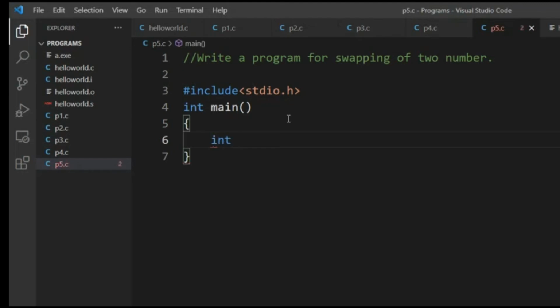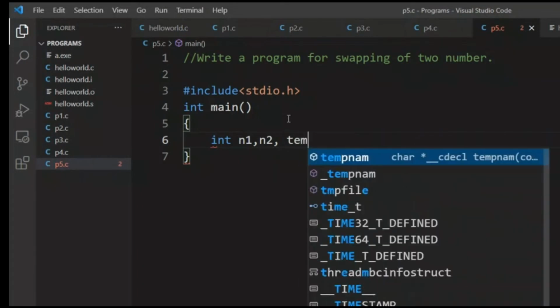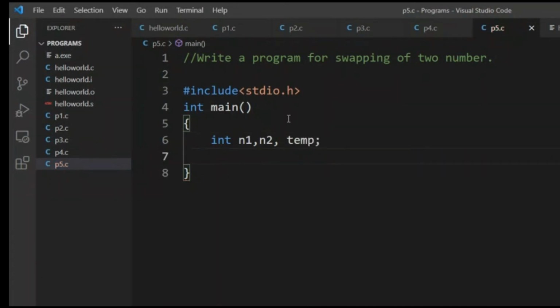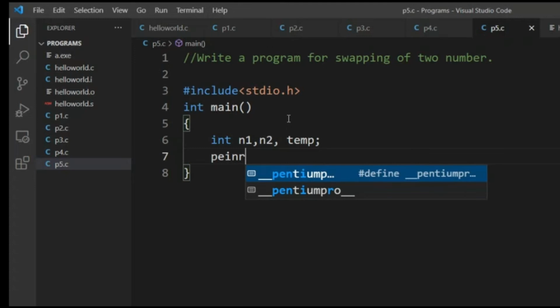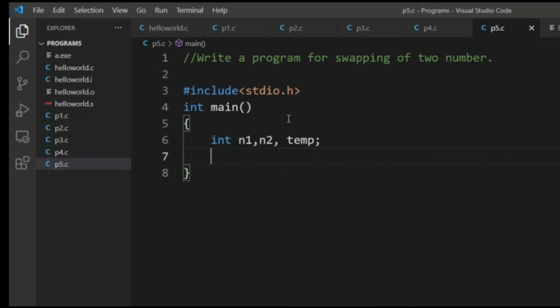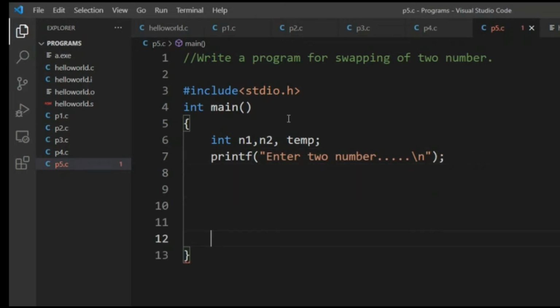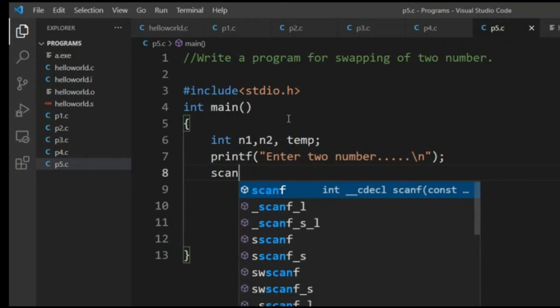So I have two numbers. I will take them as number one and number two, and one temporary variable. Then I will print, telling the user to enter two numbers. Then I will scan two numbers from the user.